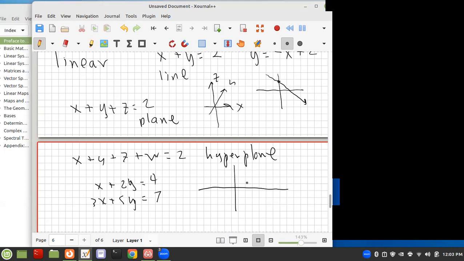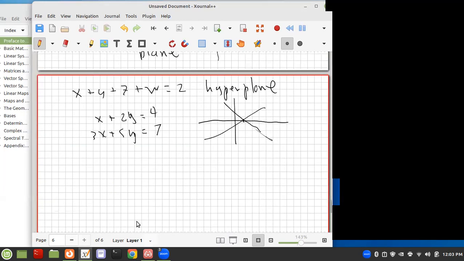If I was to graph each of these lines, the point (x, y) that makes both equations true would be the intersection of the two lines, right?